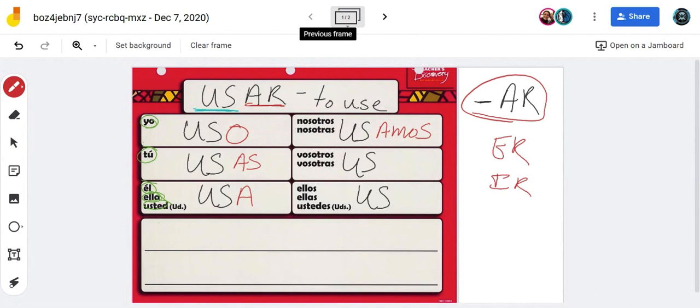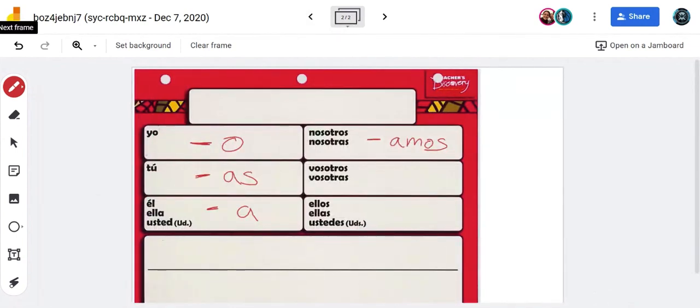For vosotros, the dash represents the stem, then it would be A with an accent, I S, áis.